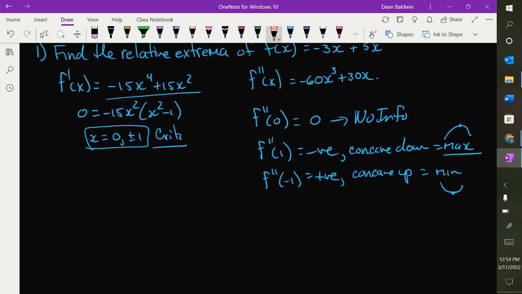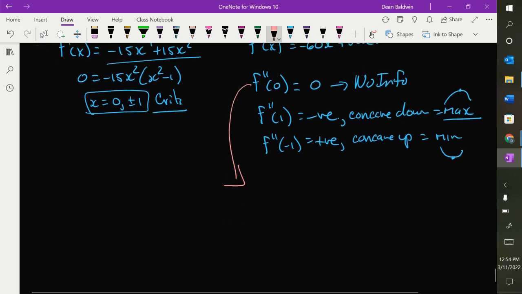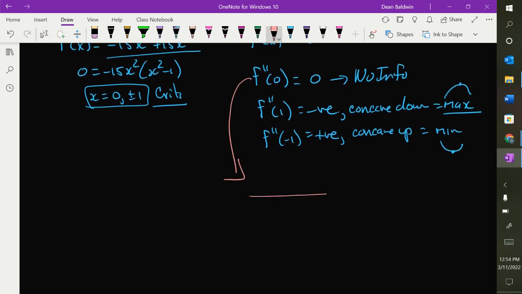Now, just because it fails, you have to go to the first derivative test. First derivative test, if you remember, if that's my critical number, I test either side of it. So I'm going to test, and remember we have negative 1 and 1. I've already figured out that negative 1 is a min.